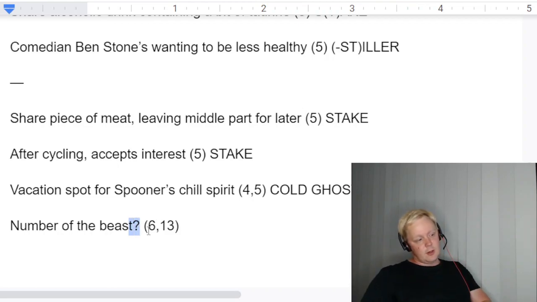Now another thing that a question mark can indicate, obviously it can indicate that something needs to be read in a weird way, but it can also indicate a definition by example.